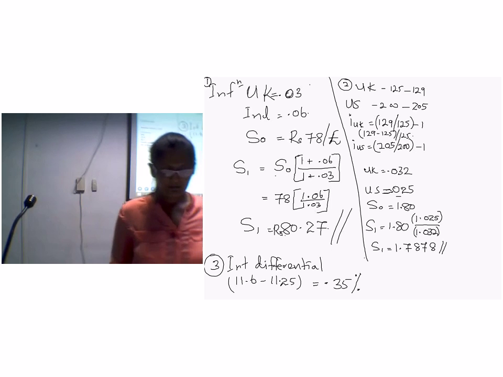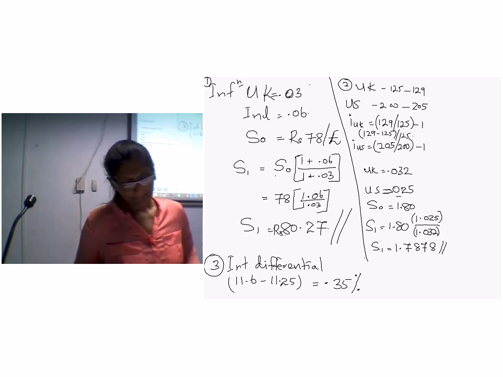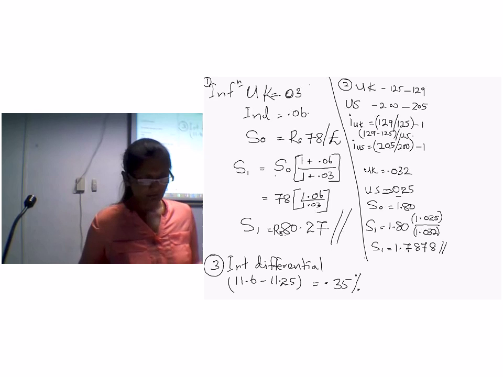Then we have to calculate the forward premium or forward discount. How can we calculate it? In the question, the forward rate and the 3 months spot rate are given.